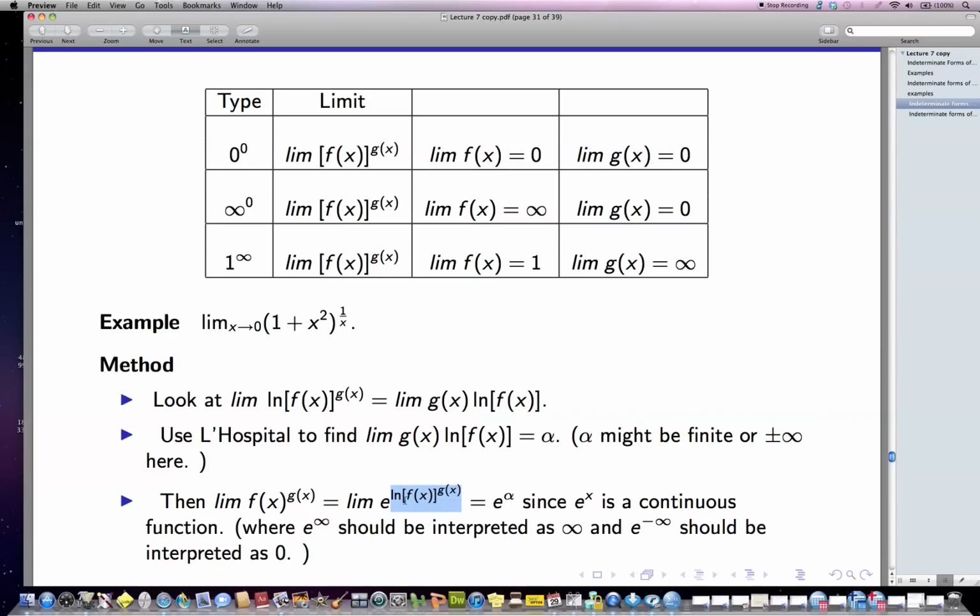Because the exponential is continuous, the limit of e to the power of this function is e to the power of the limit of the function. So we get that this limit is e to the alpha. So I can interchange e with the limit there, and since I've already calculated the limit of the power, I can use that to find that the limit of f of x to the g of x is e to the alpha.